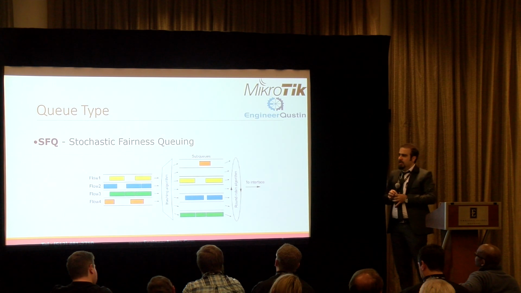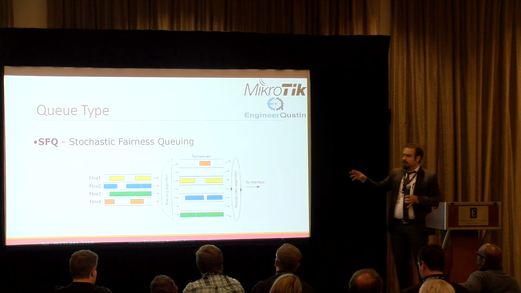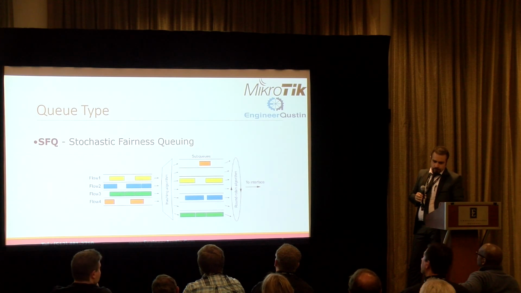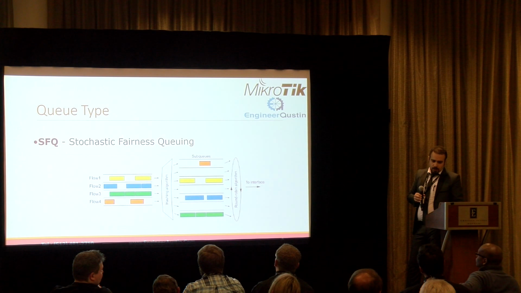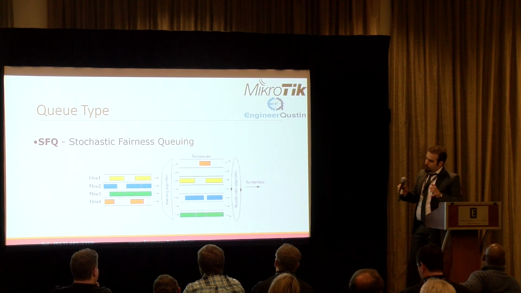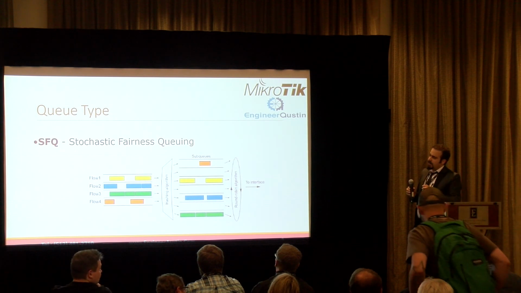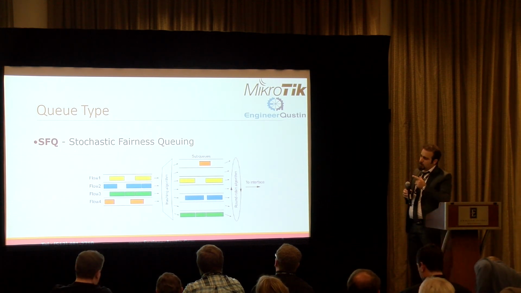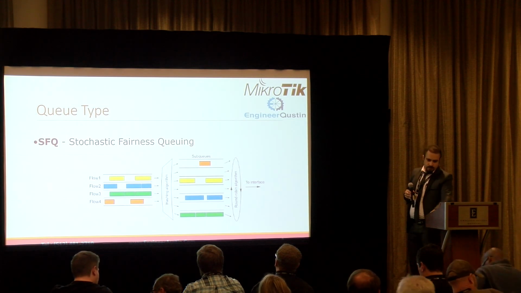That is why we work on the HTB, Hierarchical Token Bucket. SFQ is very nice when all of your users work the same and have the same behavior, because in this situation SFQ is the best.